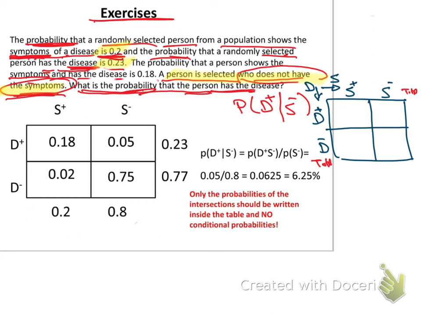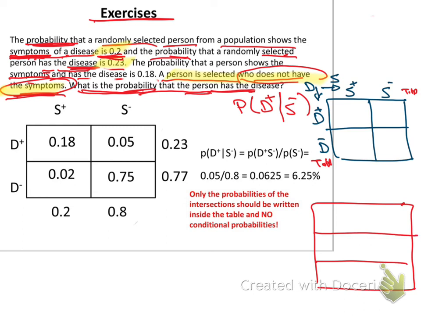Okay, so if I want to draw it 3 by 3, I have to do it in this way. 3 by 3, 1 2 3, 1 2 3. Okay, and here this is S, and this is D.